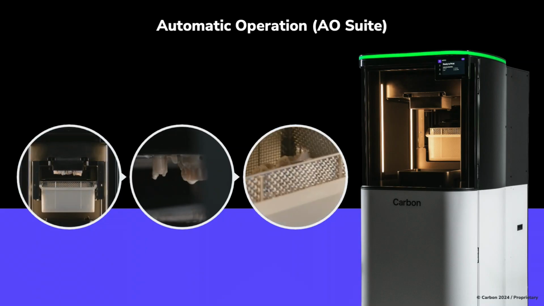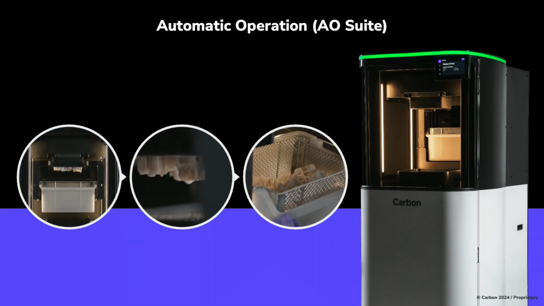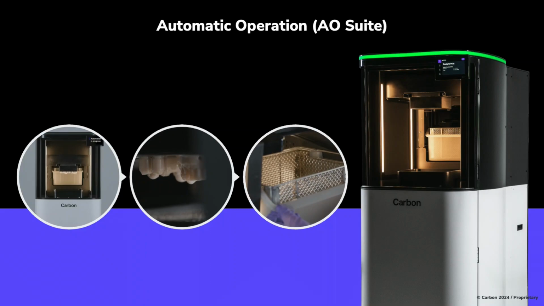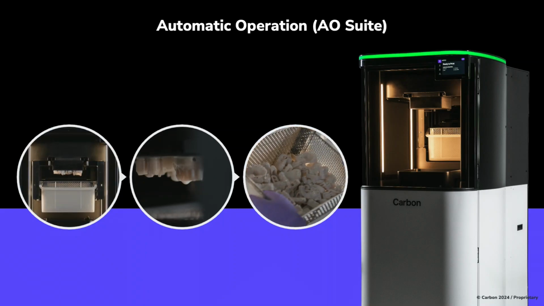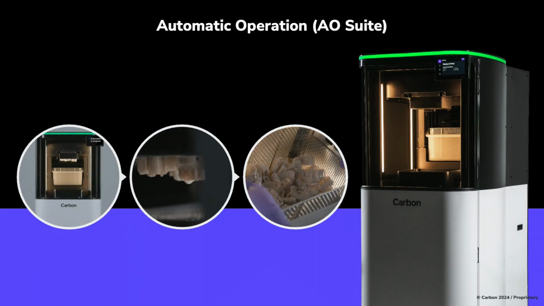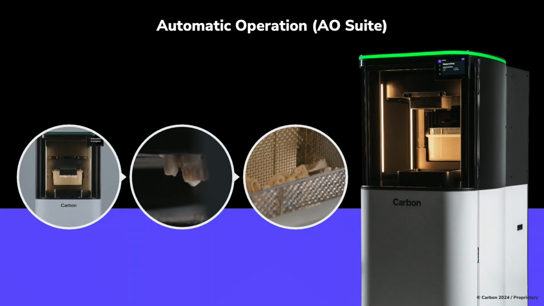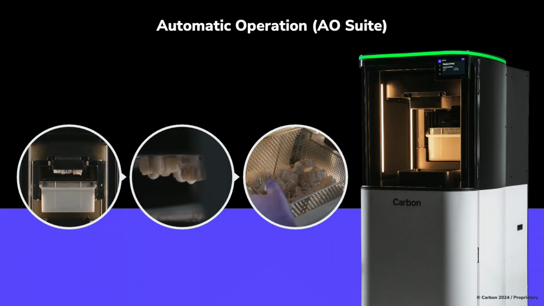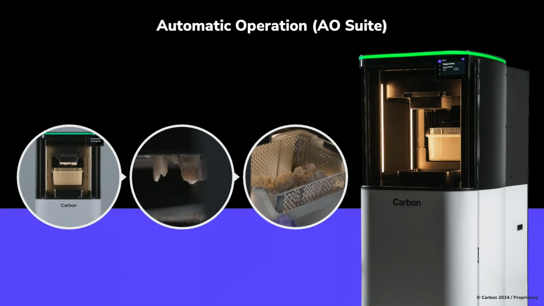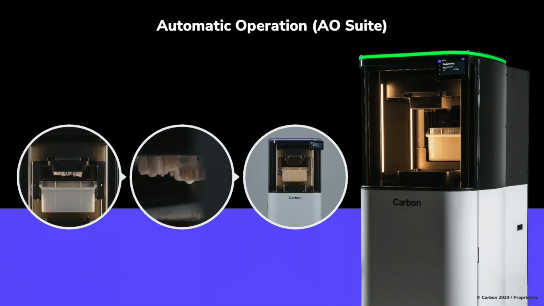It prints 24/7. You can see in the videos there's a knife that automatically slices all the parts off after they print. There's an automatic washing step, and then it all gets dumped into a bin where a technician can pick up once in a while. He might have an email notification or something. So this product was announced really recently, and we're really excited to start shipping the AO backpack and the AO suite of hardware automation.